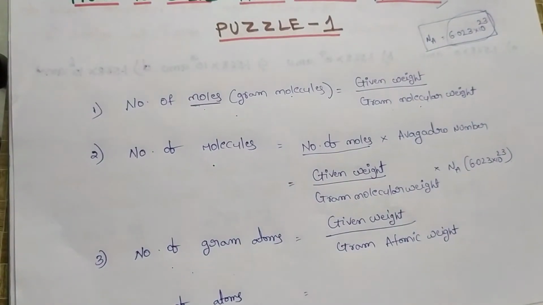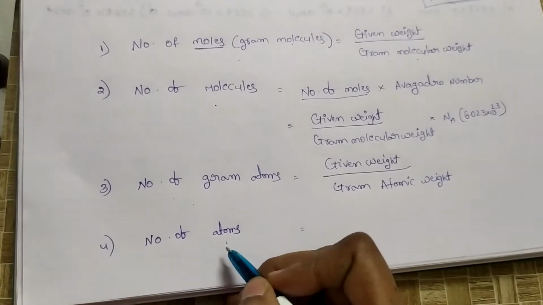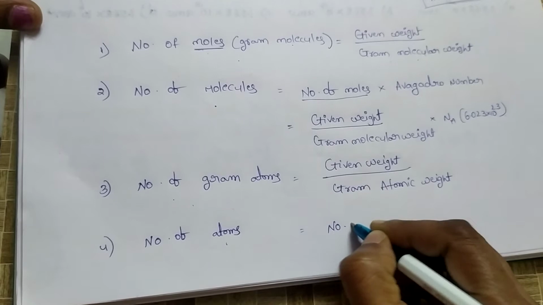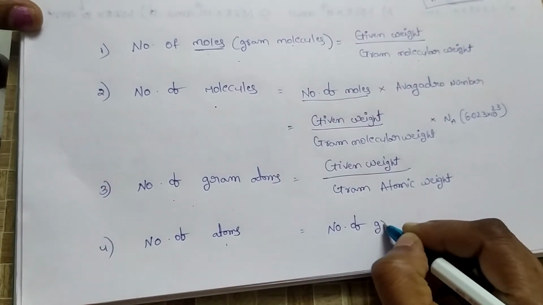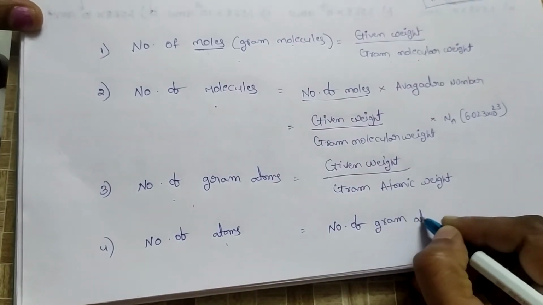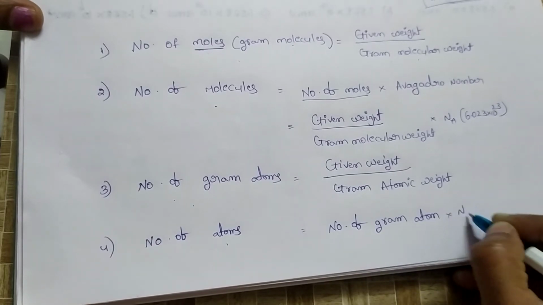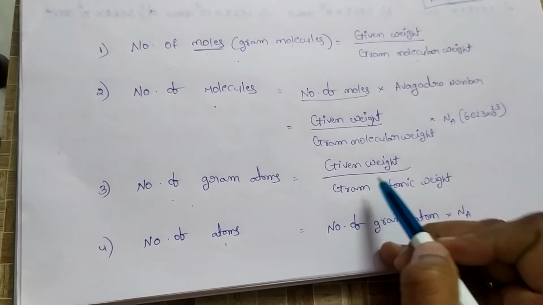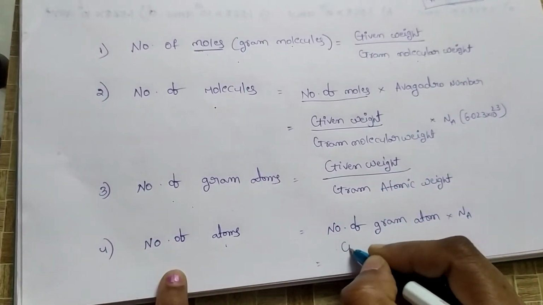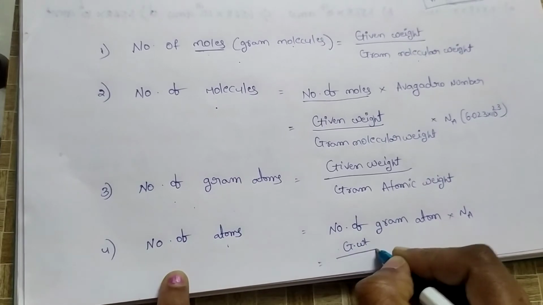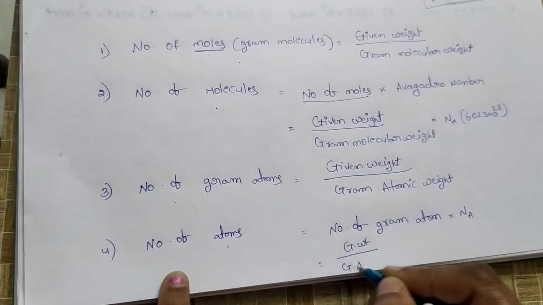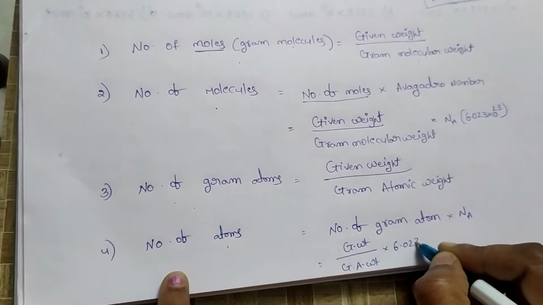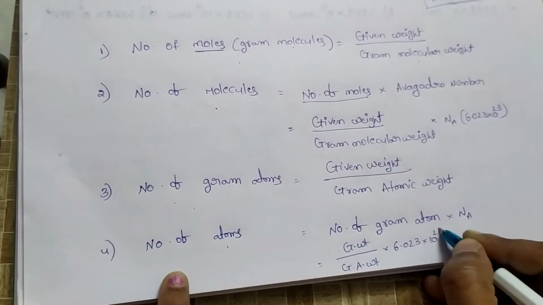Let us come to the number of atoms. This is also the same, just like the formula for the number of gram atoms into Avogadro number. So the number of gram atoms can be replaced with this formula, given weight by gram atomic weight into Avogadro number, 6.023 into 10 to the power of 23.